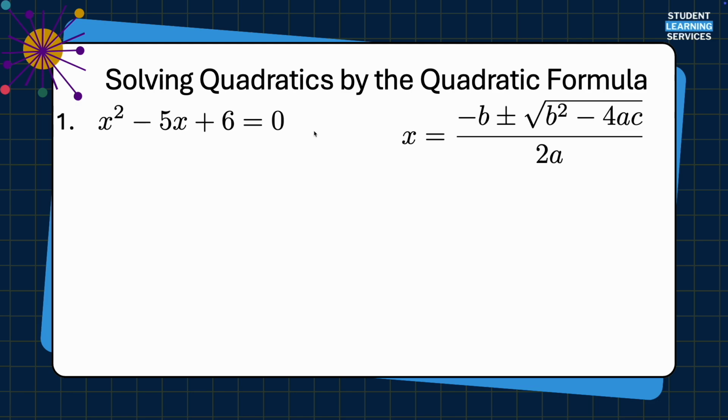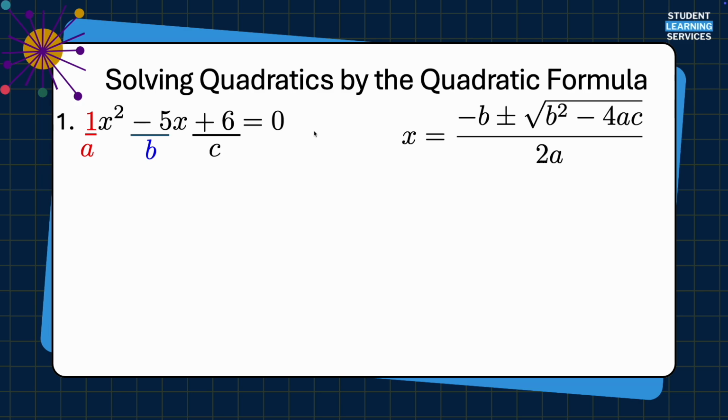a is the coefficient of x squared. Remember, coefficient is the constant that's multiplying to x squared. There's nothing here, so the coefficient is 1. That's our a. The coefficient for x is negative 5, and the constant term is 6. So b is negative 5 and c is 6.